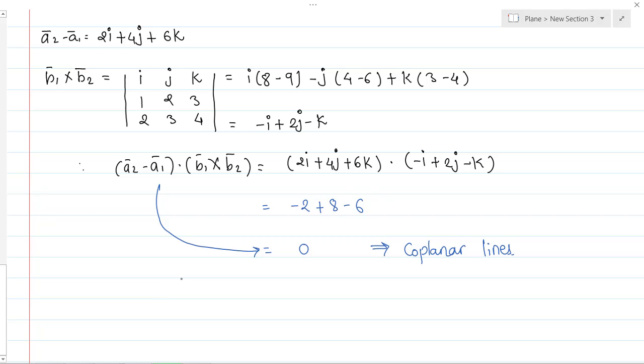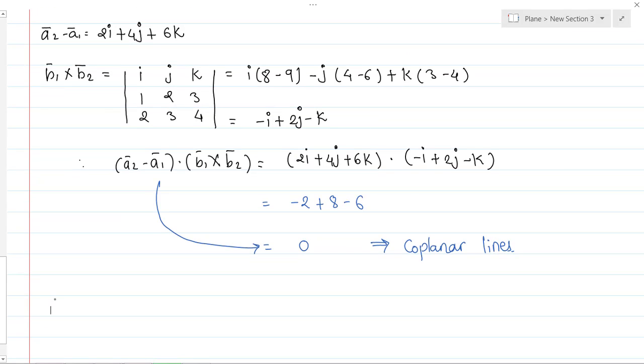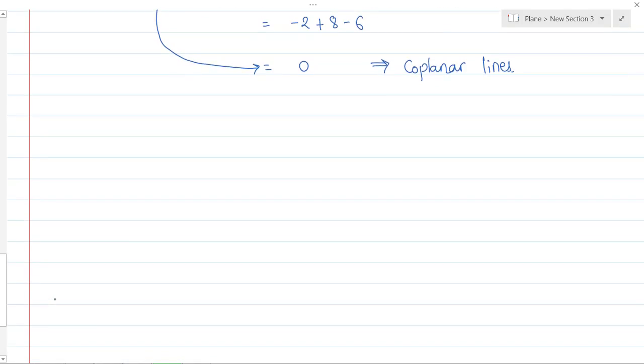Now what will be the equation of the plane? Let's take this equation and substitute the values: r bar dot (b1 bar cross b2 bar) equals a1 bar dot (b1 bar cross b2 bar).